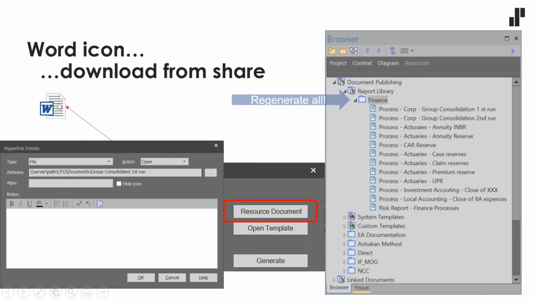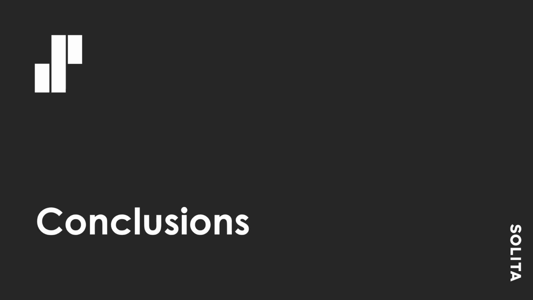So when you generate, this icon will give you what has been generated. And if the business developers and business people update the process and click regenerate, all these documents will be in sync. I think this is a really important thing to use. I really stress this. It's a great thing. And combining the hyperlinks for files with the auto generation is really a great way of working.